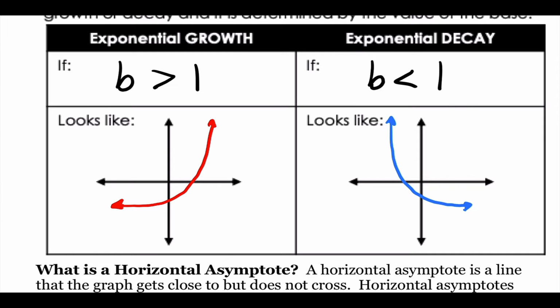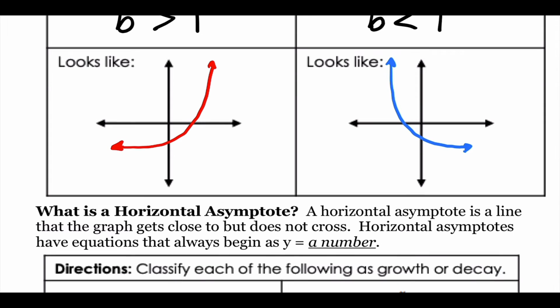So one other thing with these guys are going to have what's called a hard bottom. The hard bottom or the hard floor, sometimes it's hard floor, is called a horizontal asymptote. Horizontal asymptotes are like hard floors. The red can't go through. So for this guy, it would kind of be right here. For this guy, it would kind of be in the same spot, right?